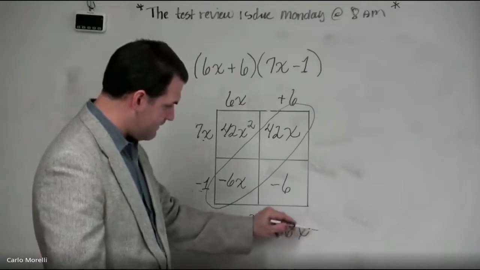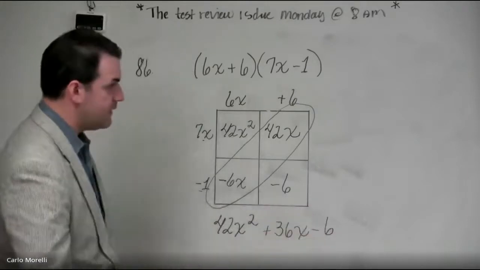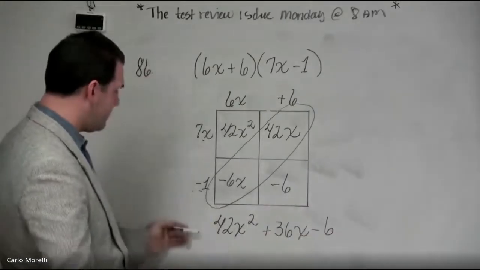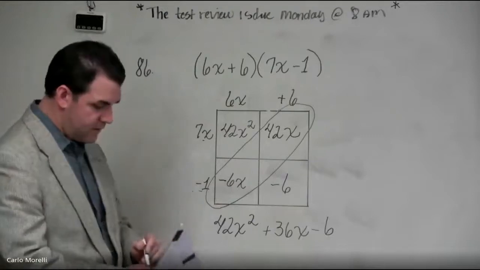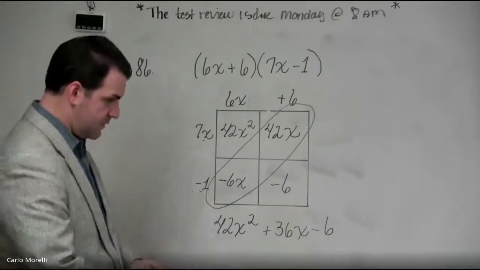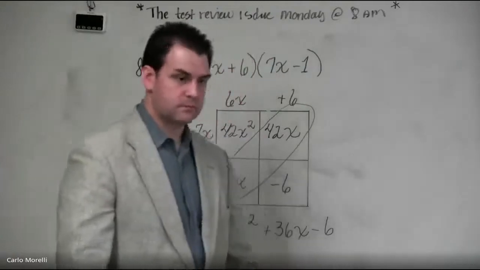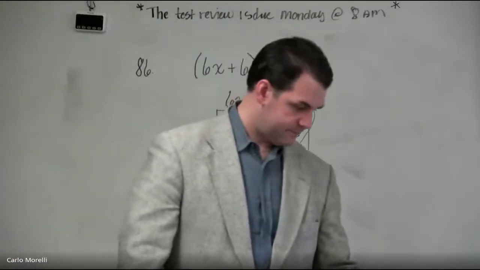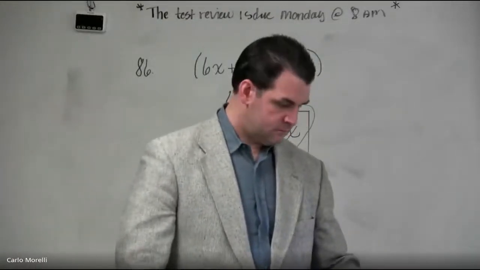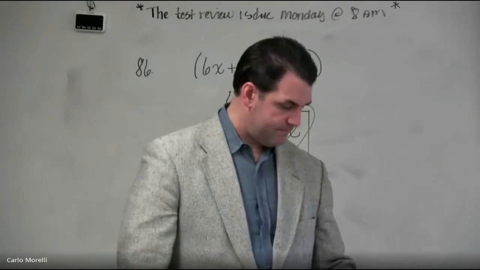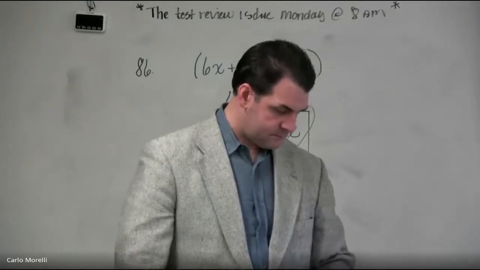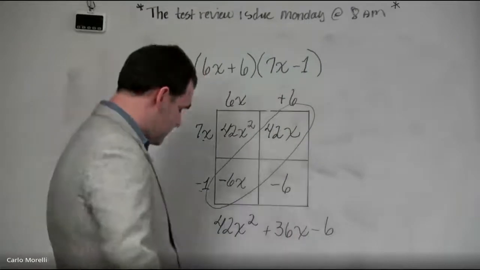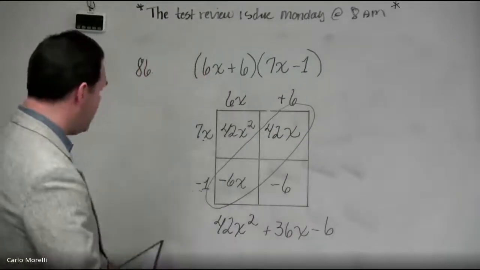Minus 6. Okay, we accomplished the same goal. We went from factored form to standard form of a quadratic expression. This is just like the FOIL method, just more visual.